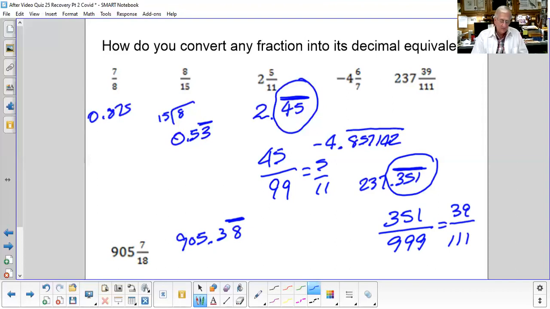It turns out that 9 goes into both of those numbers, okay? And it reduces very nicely to 39 over 111. I will never make you reduce your fractions once you convert them either, okay?